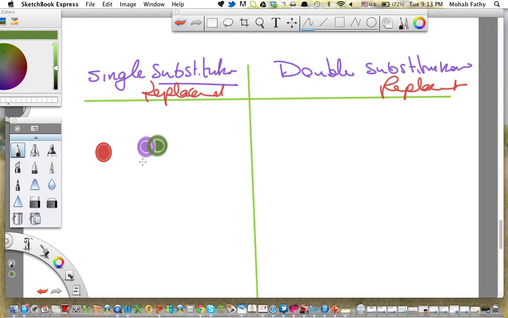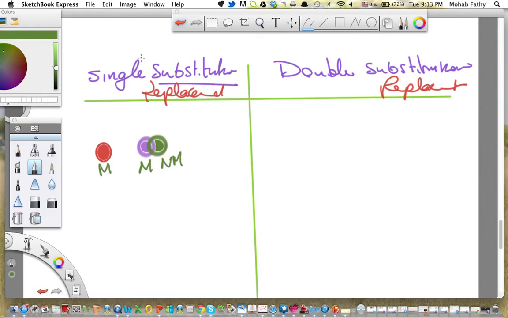If this one is a metal, the violet one is a metal and the green one is a non-metal, and the red one is also a metal. Whenever you put a stronger metal with a couple that contains a metal, this couple has a metal, right? And this is a stronger metal.